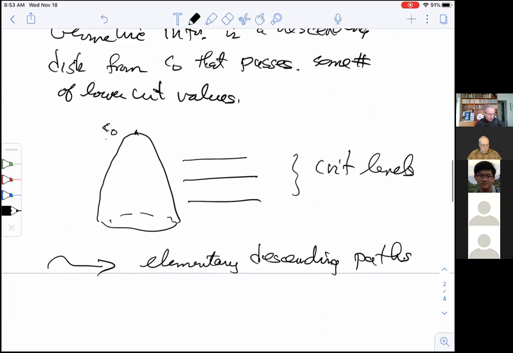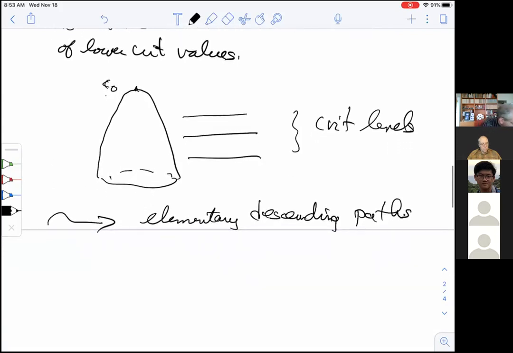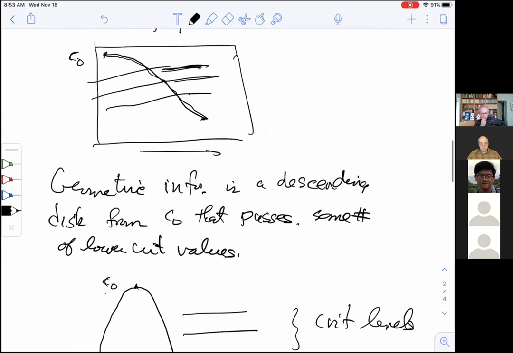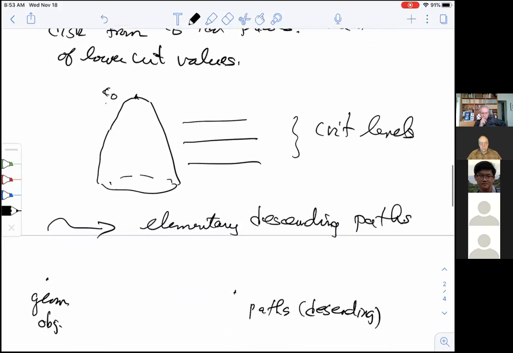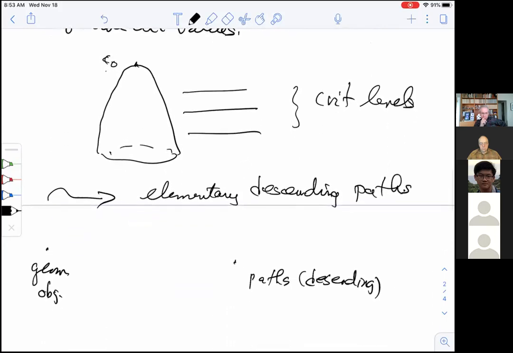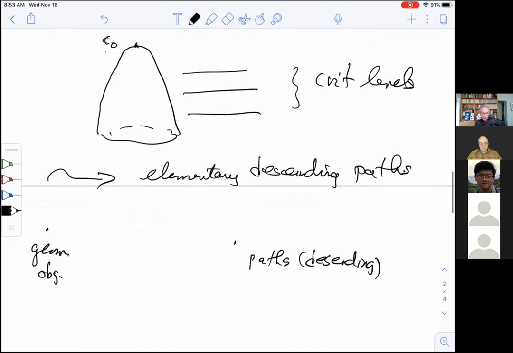Now we're trying to build a bridge between geometric objects and these descending paths, these general descending paths about which I don't have much information. I need some bridge between the homotopy theory, or connected components is really all I care about, of the geometric objects and the homotopy classes of these paths.